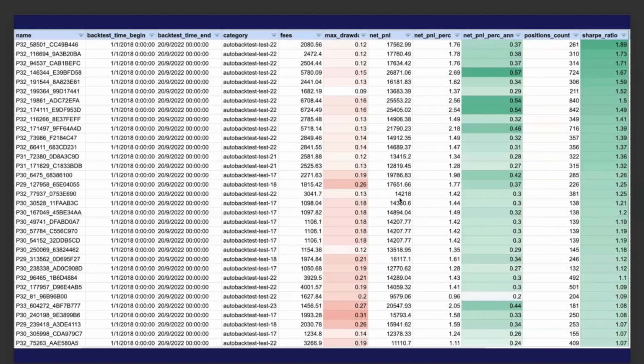And you see the annualized performance of them is from 20% to a maximum of 54% annualized return. So in our opinion, and from the experience of our team, it's pretty good.